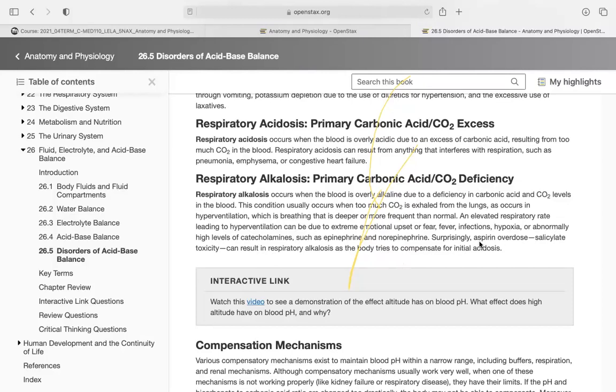Okay. So think, if I'm breathing fast, I'm throwing out CO2, I'm throwing out hydrogen ion. If I'm breathing slow, I'm keeping carbon dioxide, and I'm keeping hydrogen ion. And if I keep hydrogen ion, that means I'm going to be acidic. If I'm throwing out hydrogen ions, I'm going to be basic or alkaline.